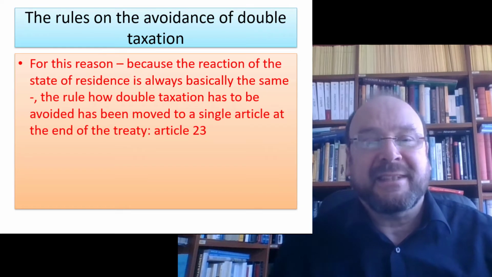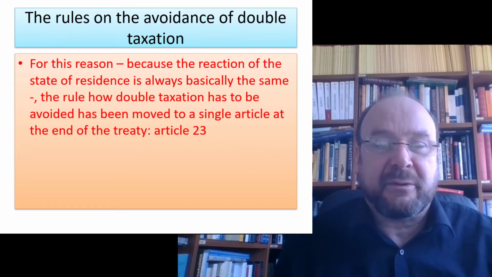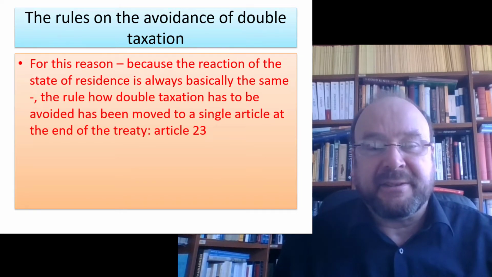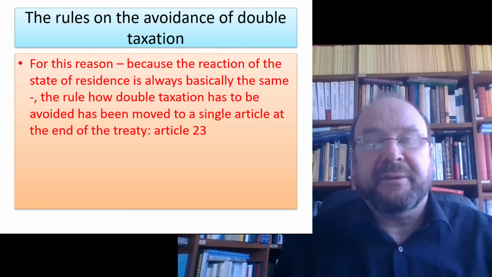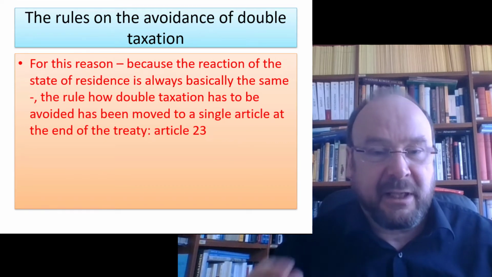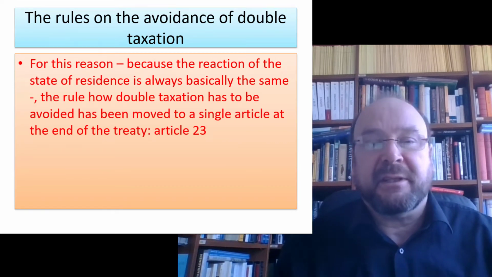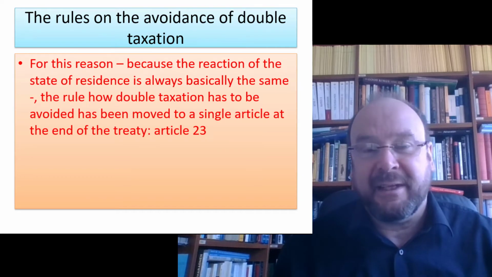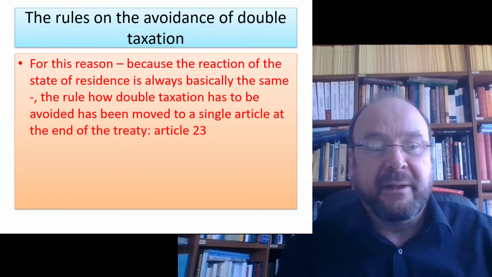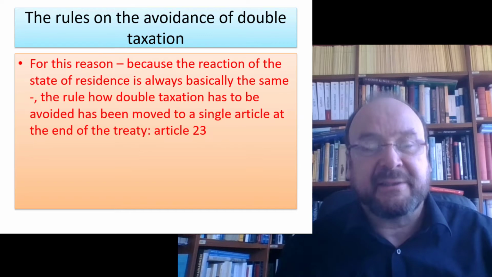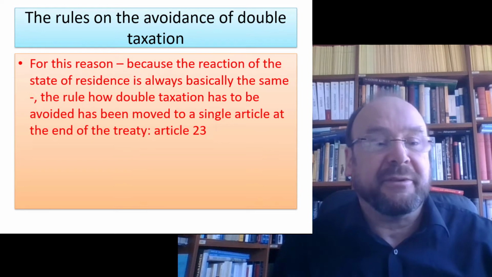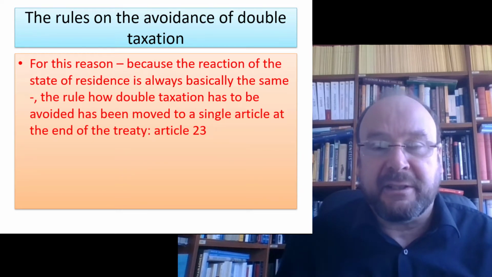For this reason, because that is always the same, you either exempt or credit, the reaction of the state of residence is basically always the same, and that is the reason why this reaction has not been stated in each individual Article 6, 7, 8, 9, 10, and so on, but has been moved to a single article at the relative end of the treaty. It's Article 23. There you always find the lines: if the state of source can levy a tax, then the state of residence will exempt, or the state of residence will grant the credit method.